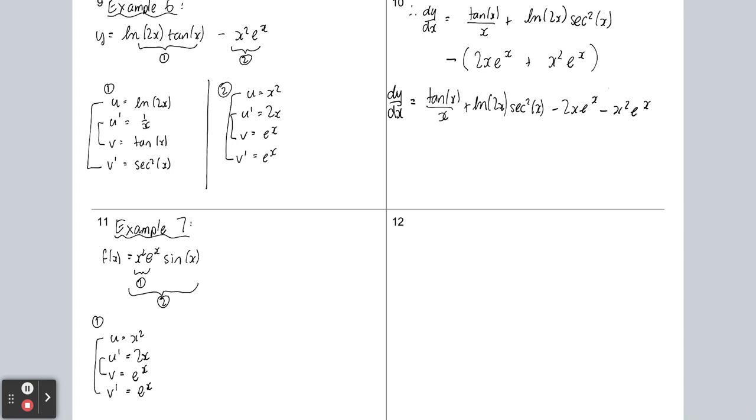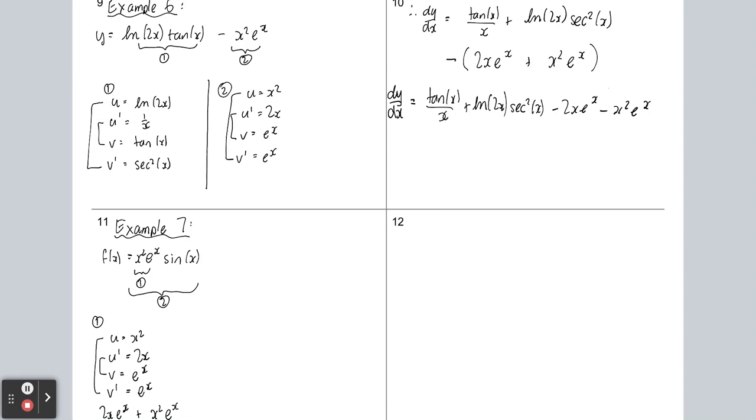So the derivative of expression 1, that first part, is going to be inside, u dash v, that's 2x e to the x, plus outside, which is uv dash, that's x squared e to the x, like so. So there's my derivative for part 1.